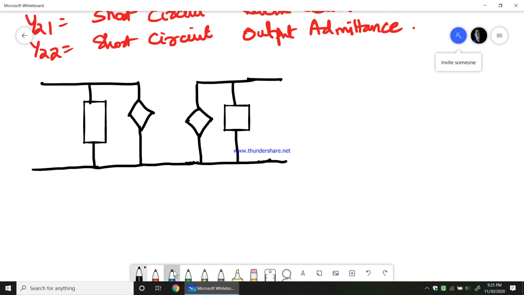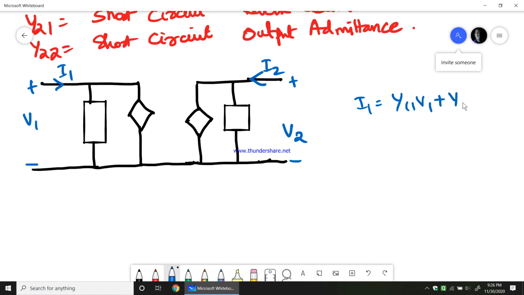Here this still remains V1 and this is I1, this is I2, V2. Now we know the formula is I1 equals Y11 V1 plus Y12 V2. V2 is the output voltage.